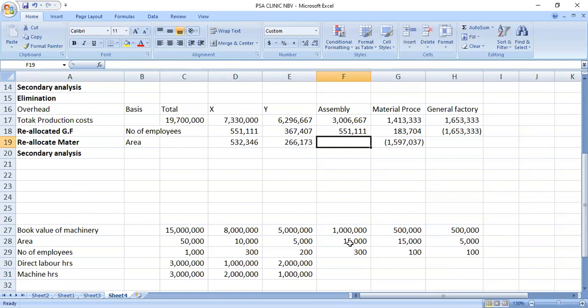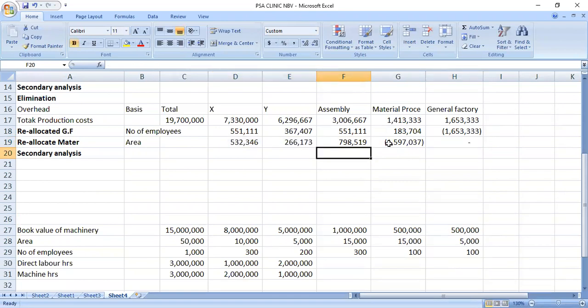Assembly it is 15,000 divided by 30,000 times what we're giving away. Okay, so of course this one is not going to get anything. When you add these, it's supposed to give you the same as what you're giving away. Okay.